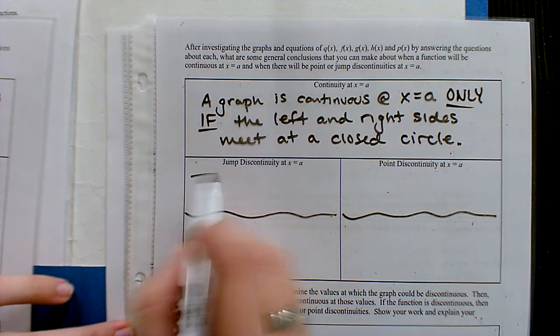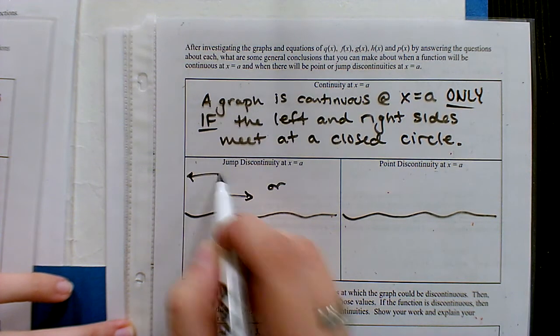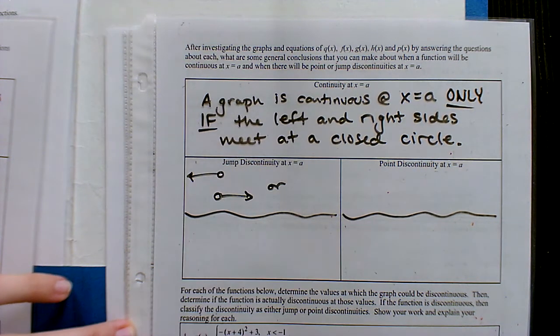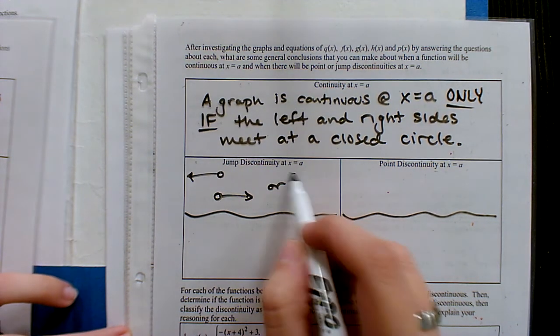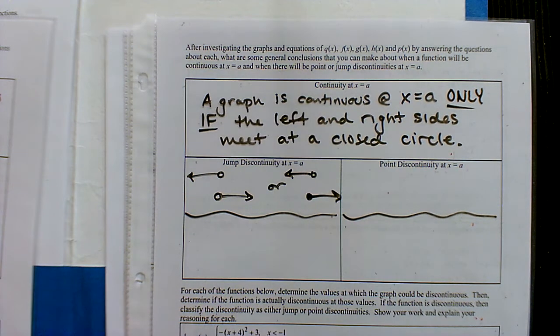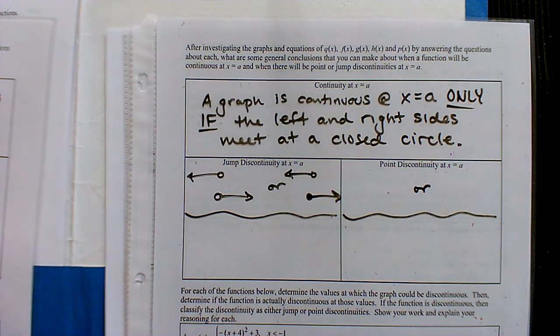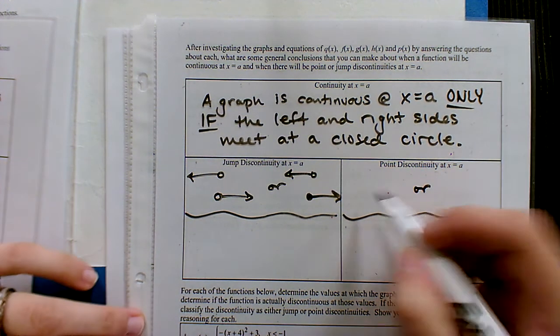So in a jump, we saw two different types that we could have. We could have a jump discontinuity with two open circles. Maybe we have a jump discontinuity with one open, one closed. Okay. For a point discontinuity, or a hole, whatever you want to say, we had two options there as well.